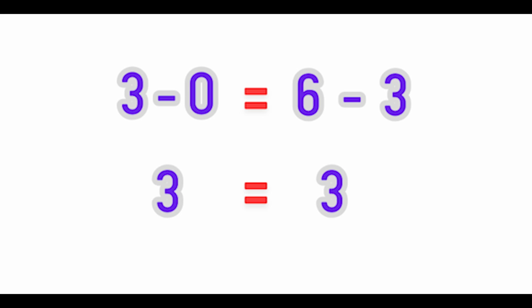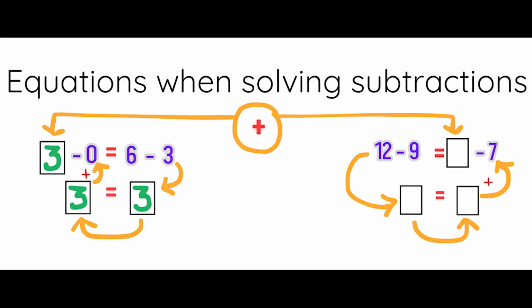You can see that 3 minus 0 equals 3. And 6 minus 3 also equals 3. 3 equals 3.